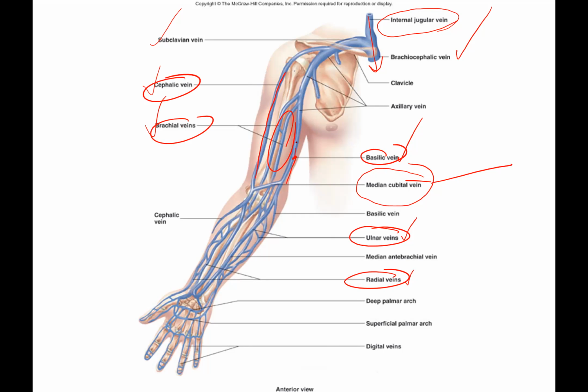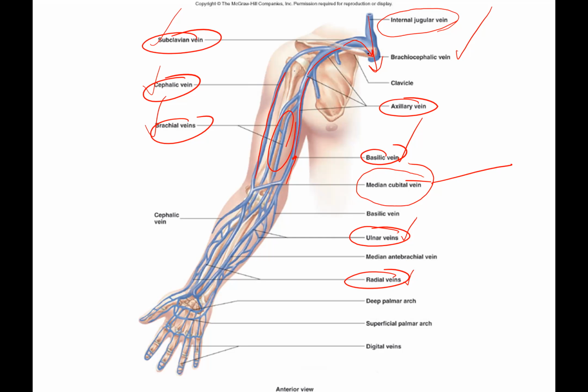Okay, the basilic vein will drain into the axillary vein because now you're in the armpit area, which is the axillary area, which eventually drains into the subclavian vein. So now we're underneath the clavicle, which will then drain into the brachiocephalic vein.